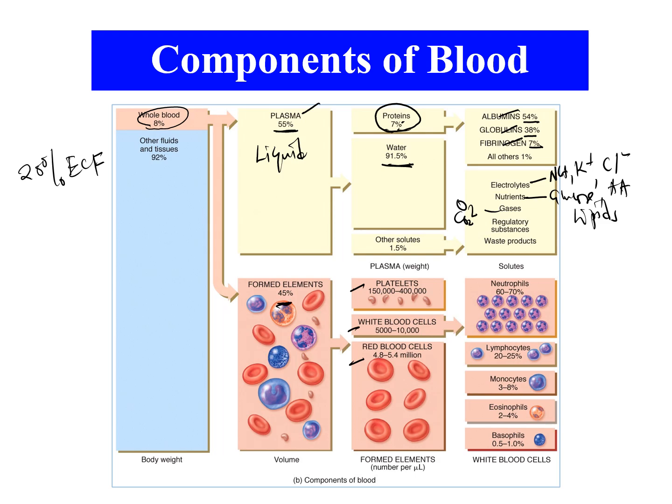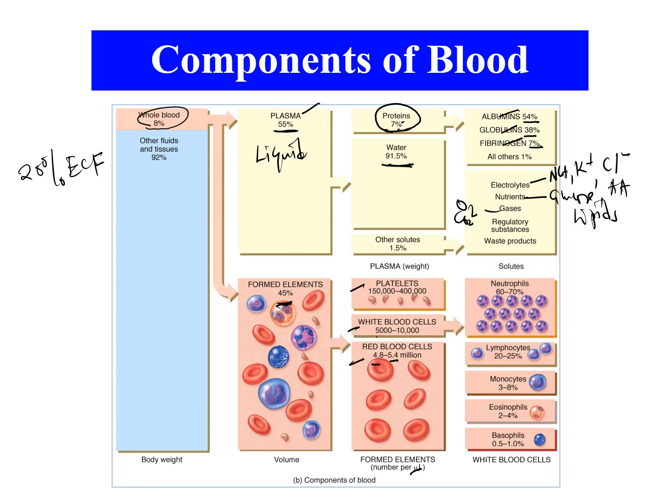Out of this 45%, 99% of the formed elements are red blood cells, which make up 4.8 to 5.4 million cells per microliter. The remaining 1% or less are the white blood cells and the platelets.